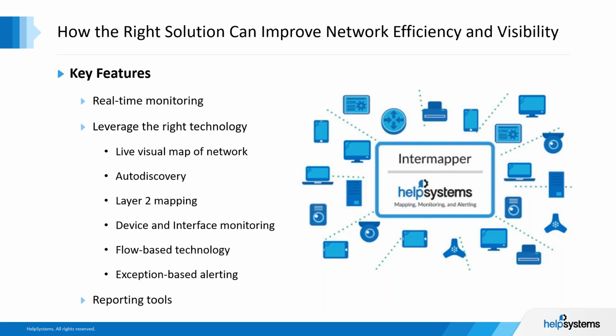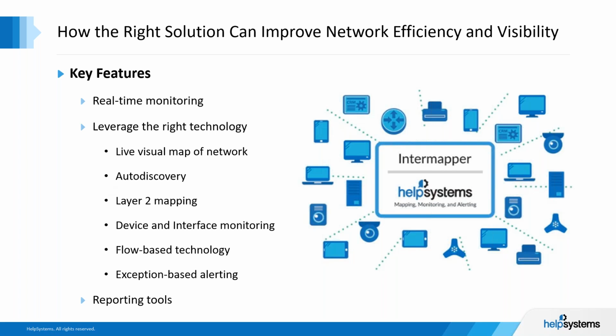The visual mapping is first and foremost, I think, because it gives you that visibility. The auto discovery feature is really important because it allows you to go out there and identify everything that sits within your space, things that you don't necessarily know or know where they sit.